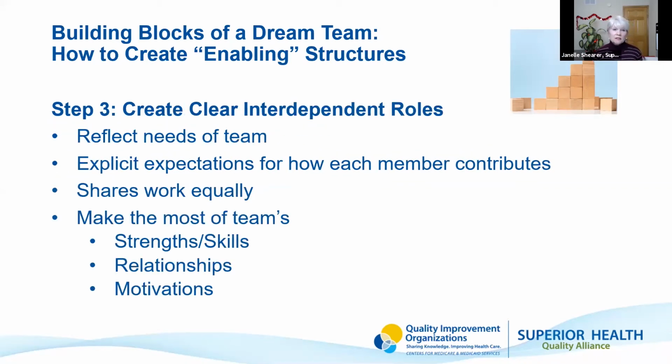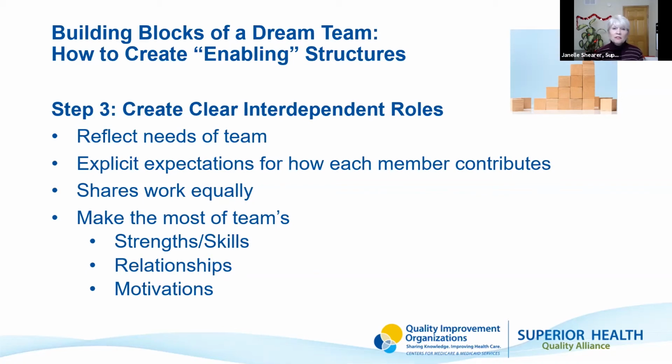Step 3 is creating clear interdependent roles on the team. So people know what their role is, what they're supposed to be doing. So you look at the strengths and skills of the people on the team, and you use those. Knowing that you need everybody on the team to be doing their part, you support each other.